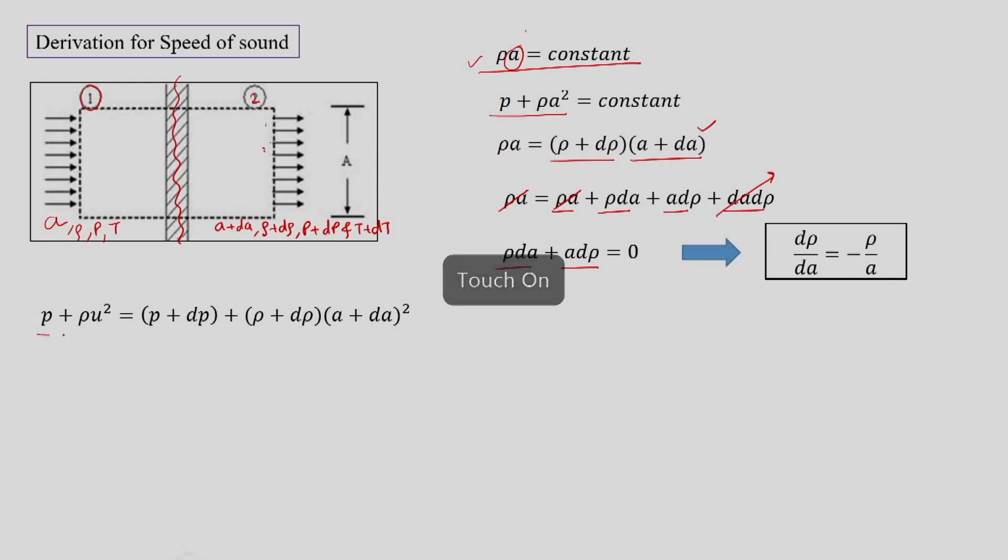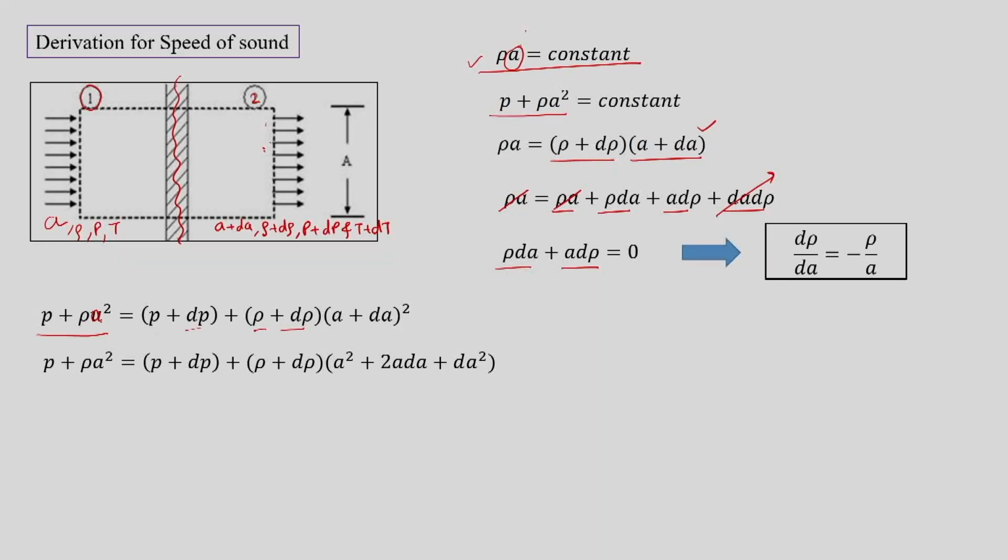So, P plus rho a square is before the wave, but after the wave P is P plus dP, rho is rho plus d rho, and a is a plus dA, in brackets, squared. This bracket can be expanded as a square plus twice a dA plus dA square, and the rest of the terms can be kept the same.